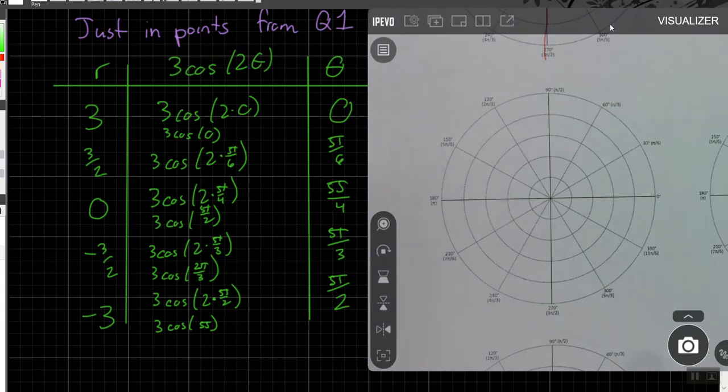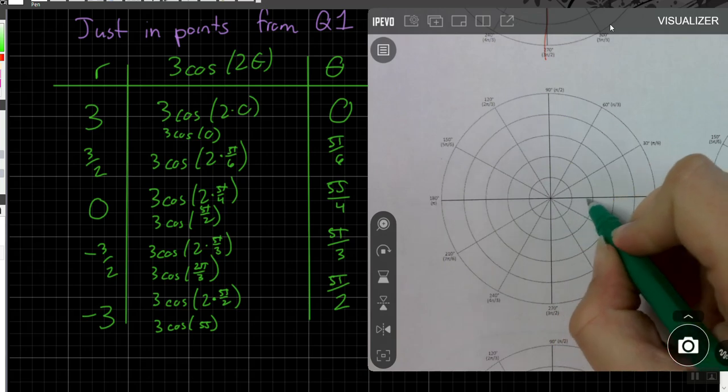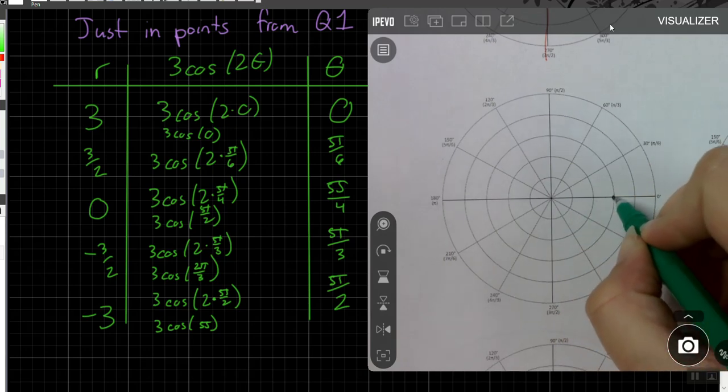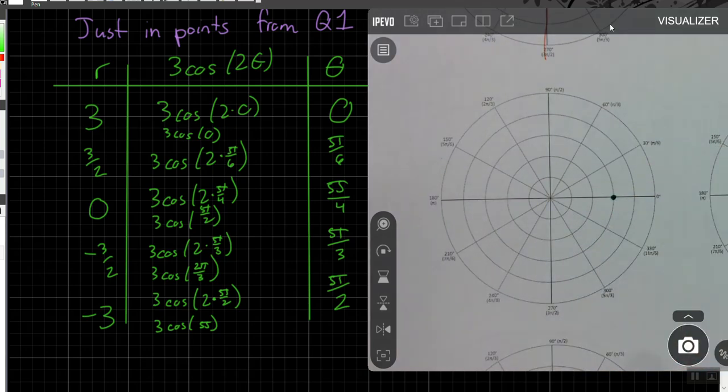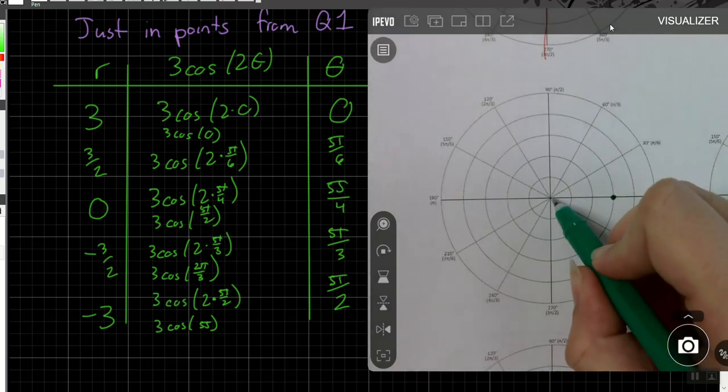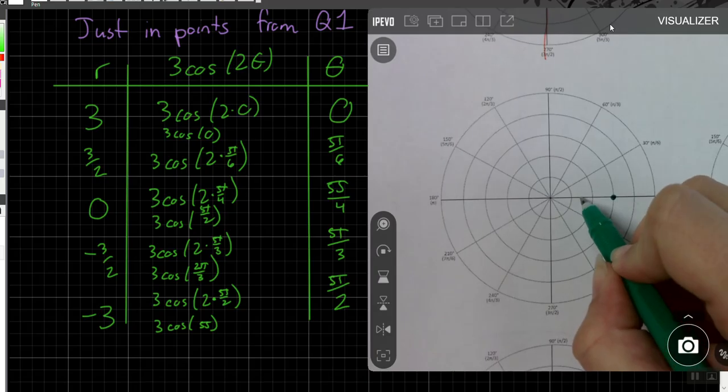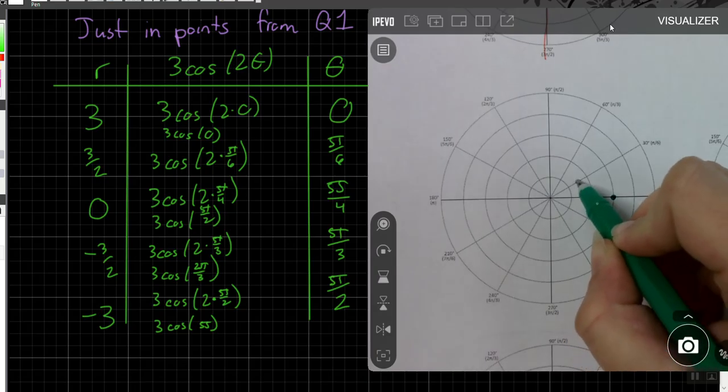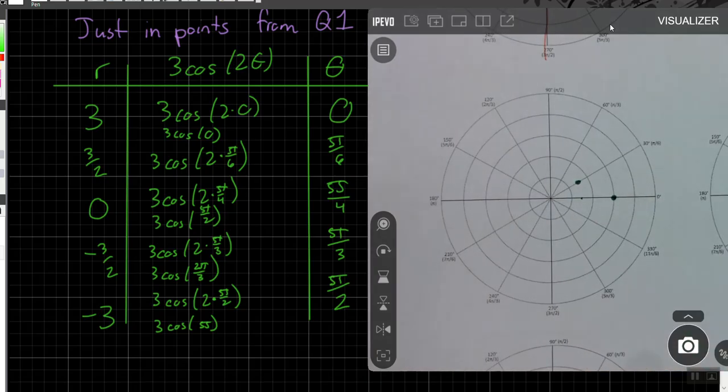Okay. We got 3, 0. So I have a radius of 1, 2, 3, and I go up 0. So we're just right there. Next one. 3 halves. So about right there. And up pi sixths. You guys want to try graphing on your own? Okay. Do it on your own. Graph your points.